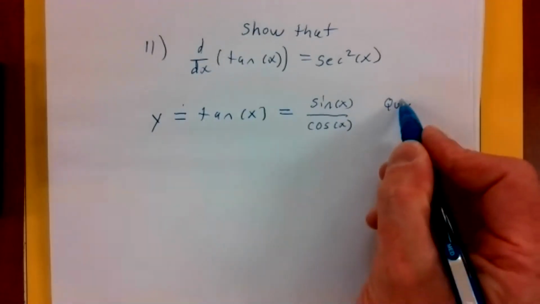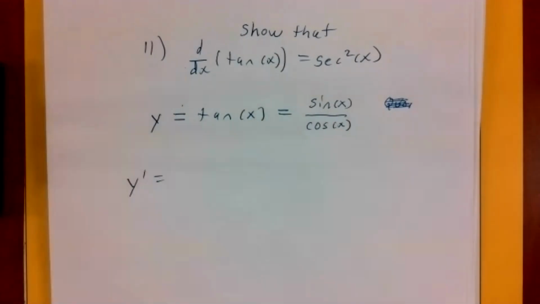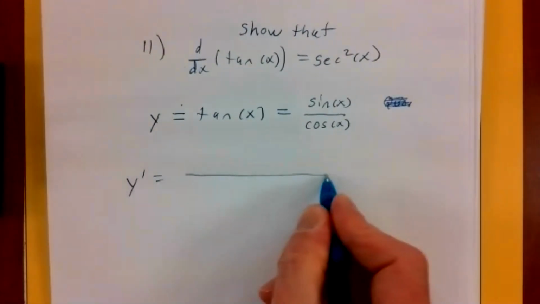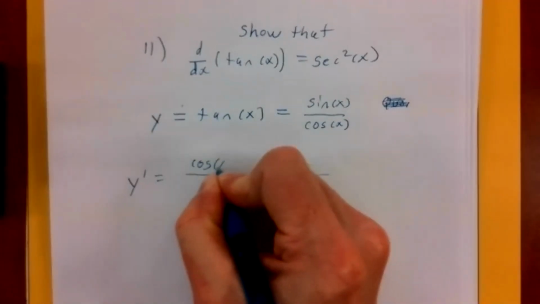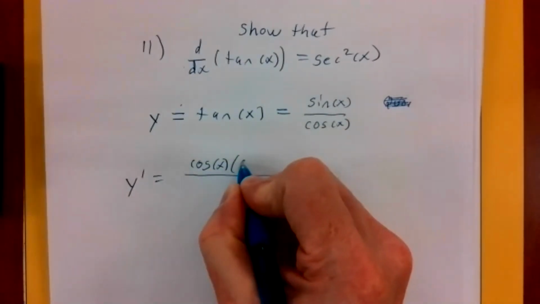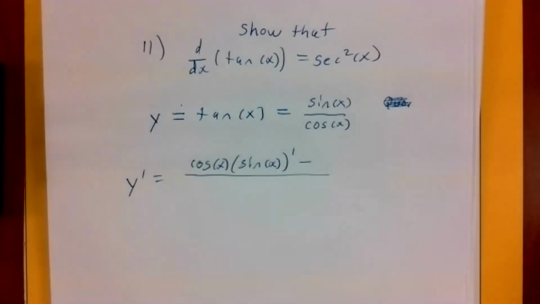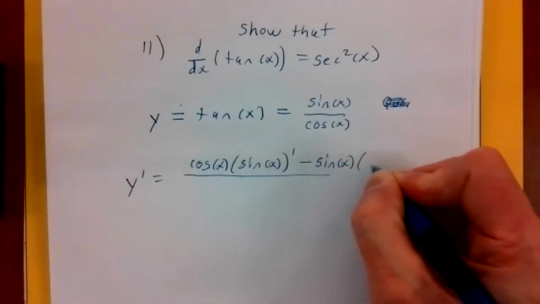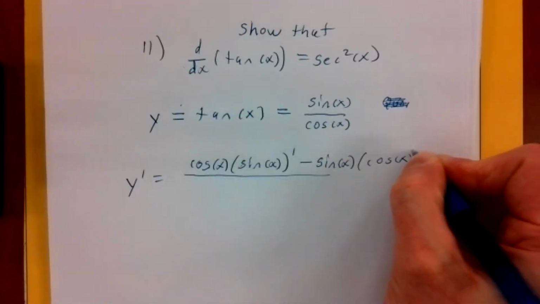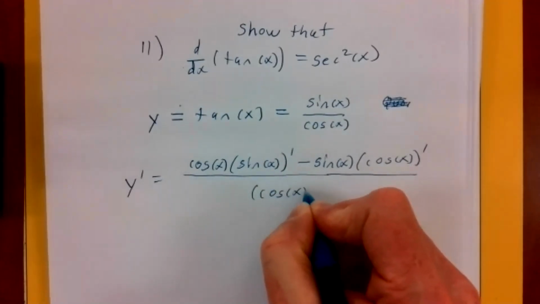So we can use the quotient rule. I don't need to write it down. So the quotient rule goes like you take low times the derivative of high, which is the top, and then you do high, which is sine of x, times the derivative of low, all over low squared.